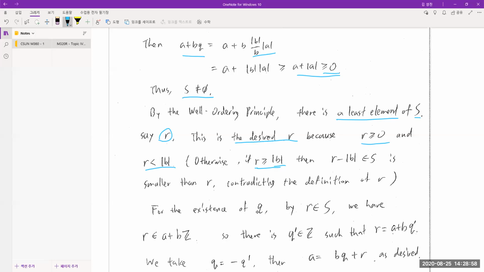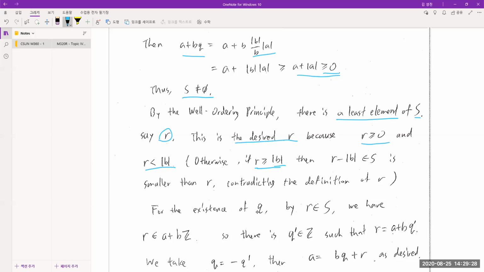And R minus absolute value of B is certainly of the form A plus B times an integer. R is of the form A plus B times an integer. And absolute value of B is certainly B times an integer. So R minus absolute value B is of the form A plus B times an integer.